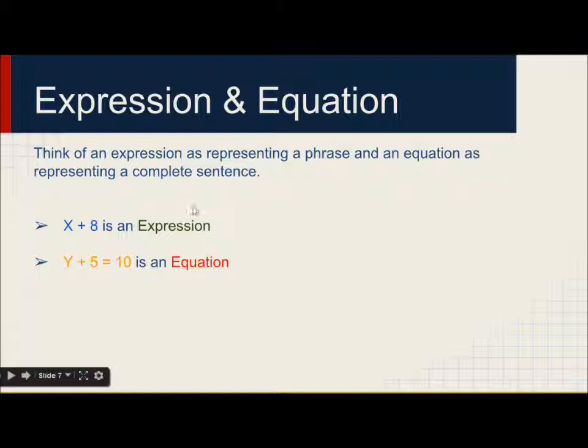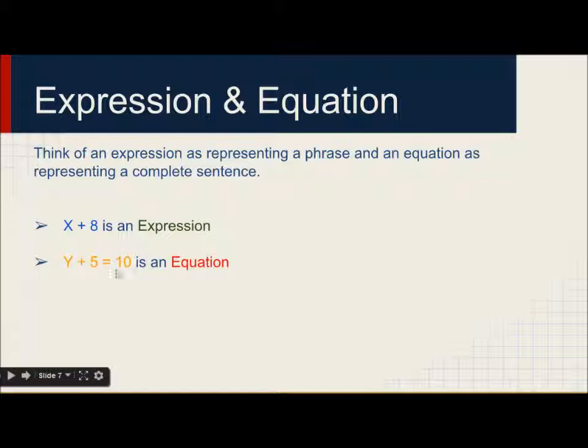Expression and equation. Let's see the difference between expression and equation. An expression is just a phrase. A phrase like x plus 8 is an expression: add 8 to an unknown number, an unknown variable. An equation represents a complete sentence.